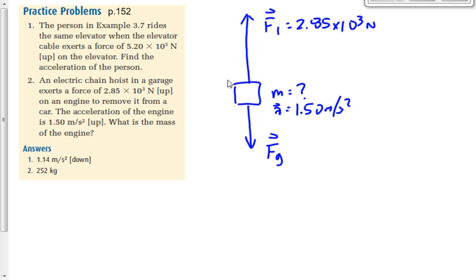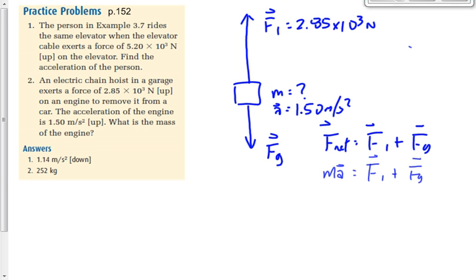This one's a little bit tricky because of the variable we're solving for here. F net is equal to F1 plus Fg. Let's say F net is equal to the mass times acceleration, which is equal to F1 plus Fg. Mass, we don't know. The acceleration is 1.5.